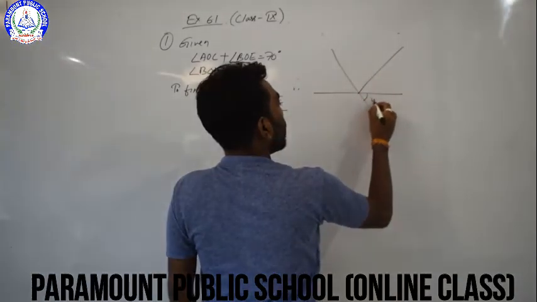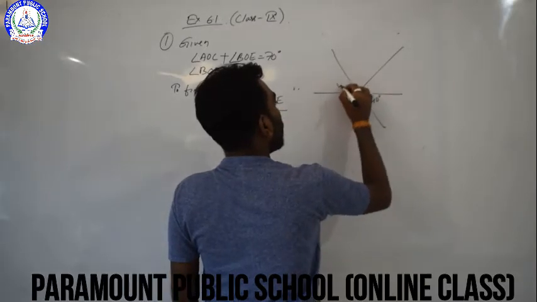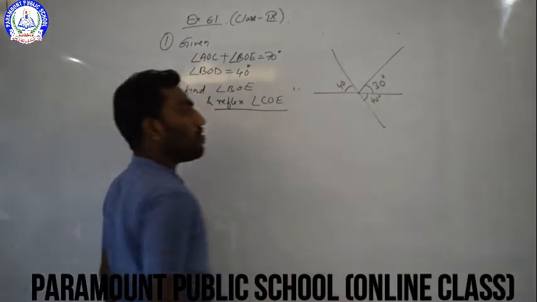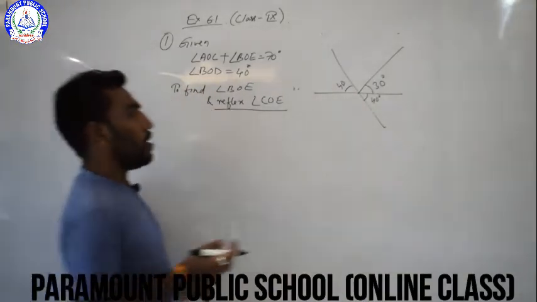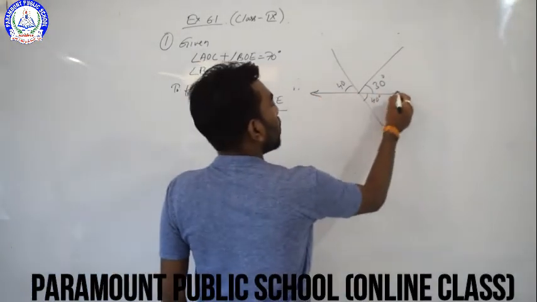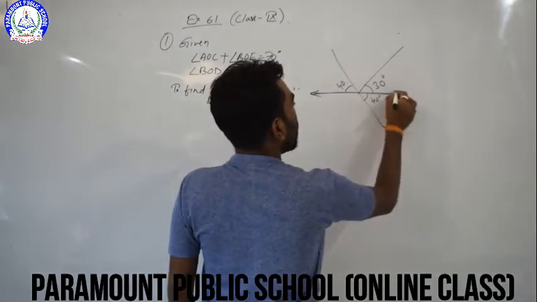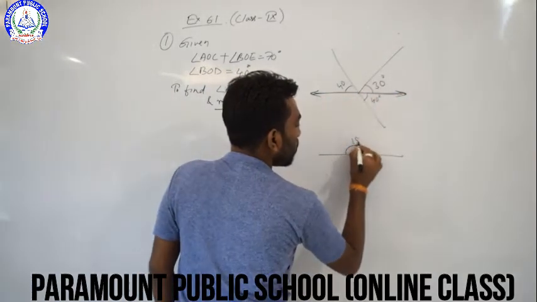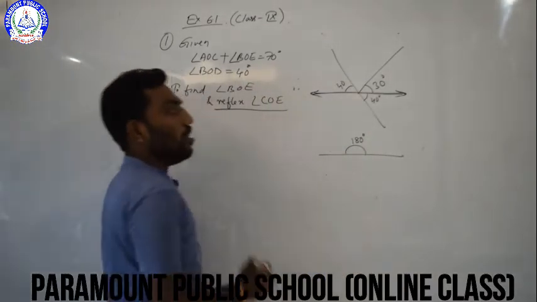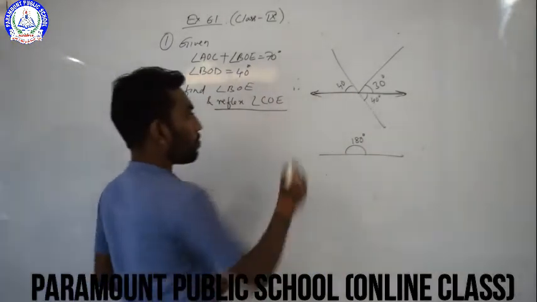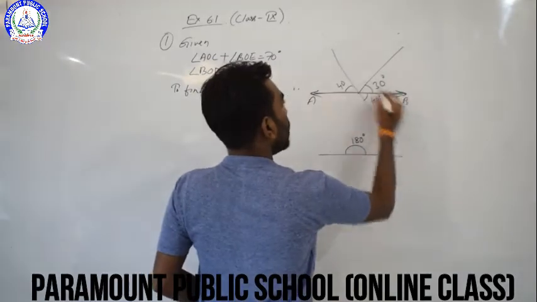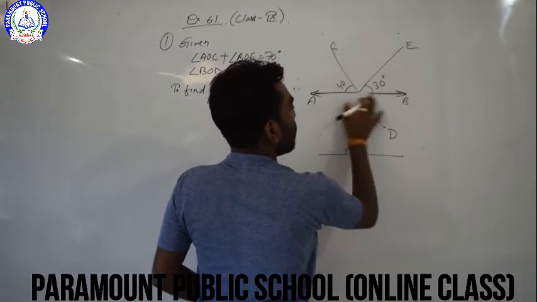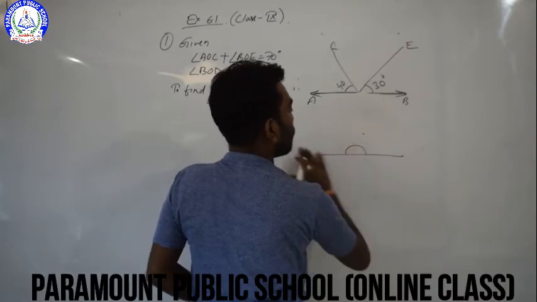So this part was 40 degree, this part was 40 degree, and this part was 30 degree. Now student, we have learned one property. This is a straight line. So the angle made on this straight line is 180 degree. So A, B, C, D, E. Let me erase this part for your understanding.